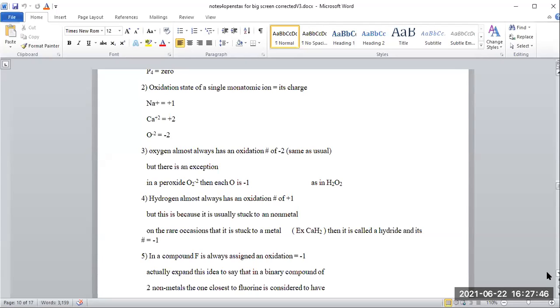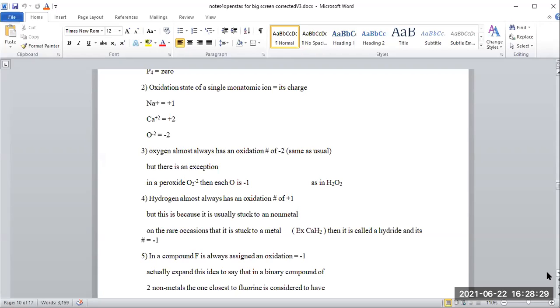We saw them a little bit when we were talking about polyatomics in nomenclature. This is one of the rare cases when your oxygens are assumed to be -1. You have to have an element from group 1, an alkali metal, at the beginning of your molecule in order to actually make this work. And I picked on the most common one there, hydrogen peroxide.